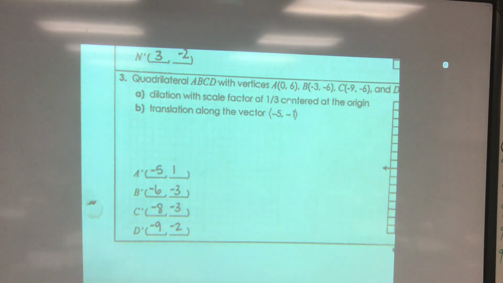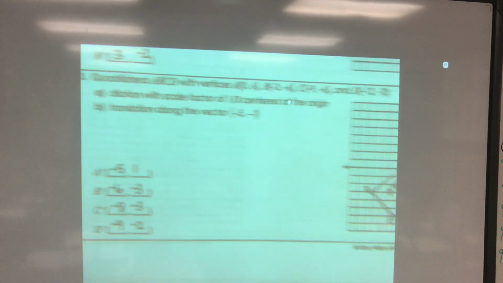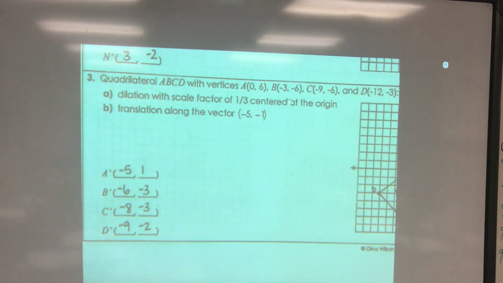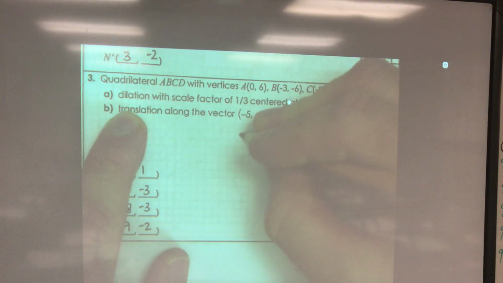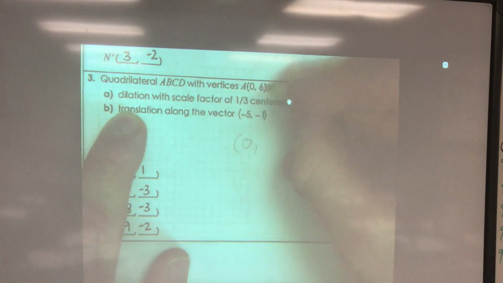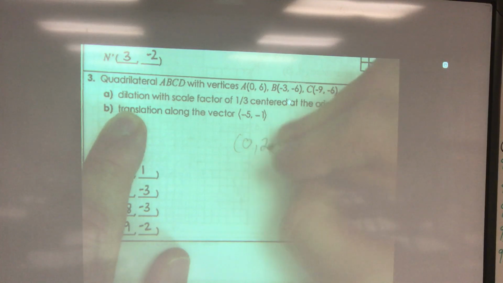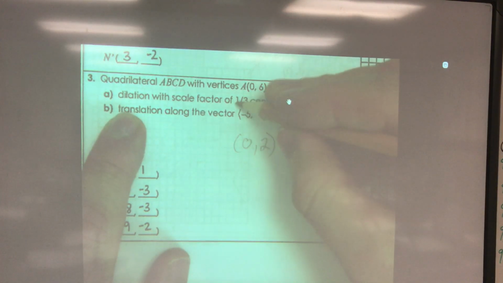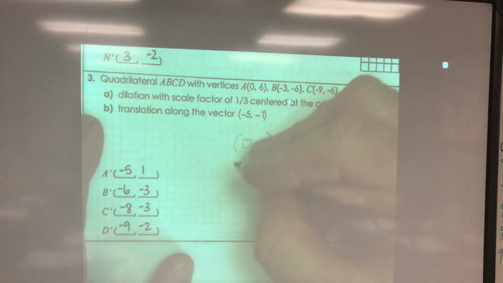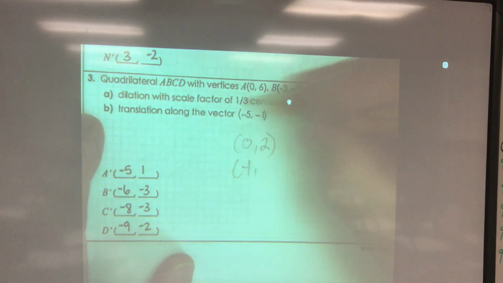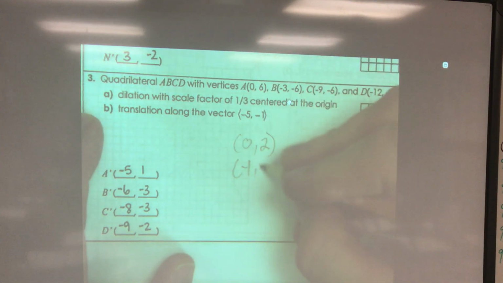So let me try to get D in here. There we go. Let me make sure that we're still able to see it. Great. So if I do this, I take it by 1/3. So 0 times 1/3, 0. 6 times 1/3, 6 times 1 is 6, divided by 3, 2. -3 times 1 is -3, divided by 3 is -1. -6 times 1, -6, divided by 3, -2.